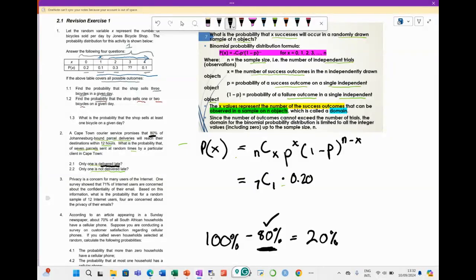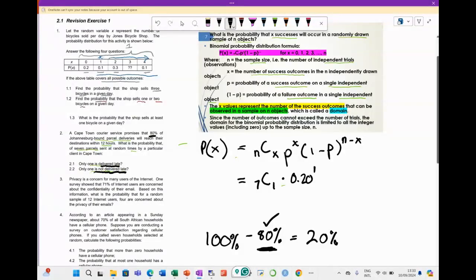Can you see that? And since we're on the topic, because you're asking a very relevant question: when we go to the second one, it says only 1 is not delivered late. So basically they're asking for the probability that only 1 is delivered on time. Can you see the success? It changes depending on the question. Thank you for asking that.